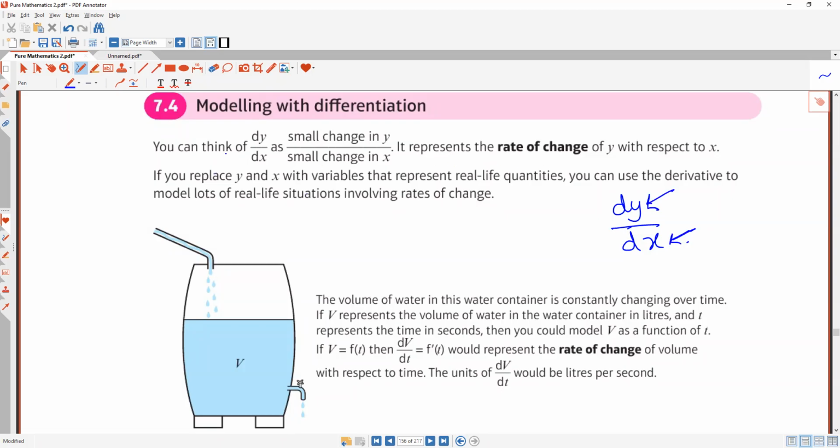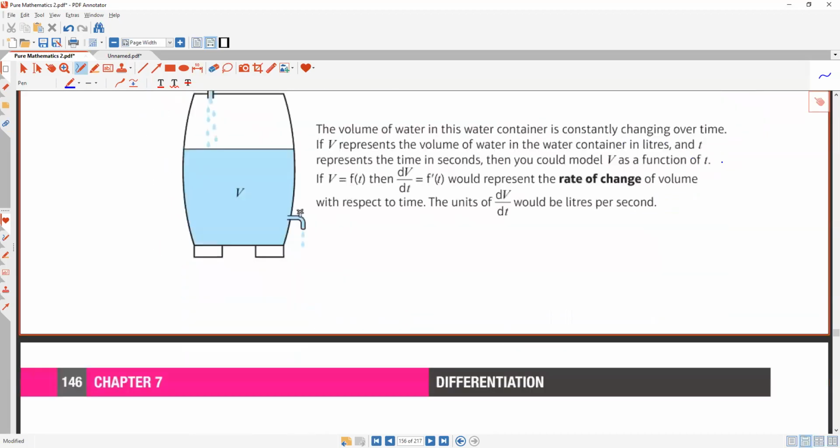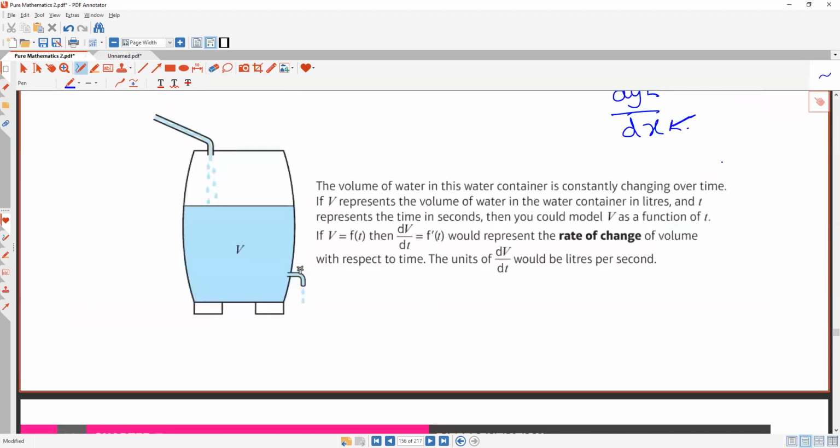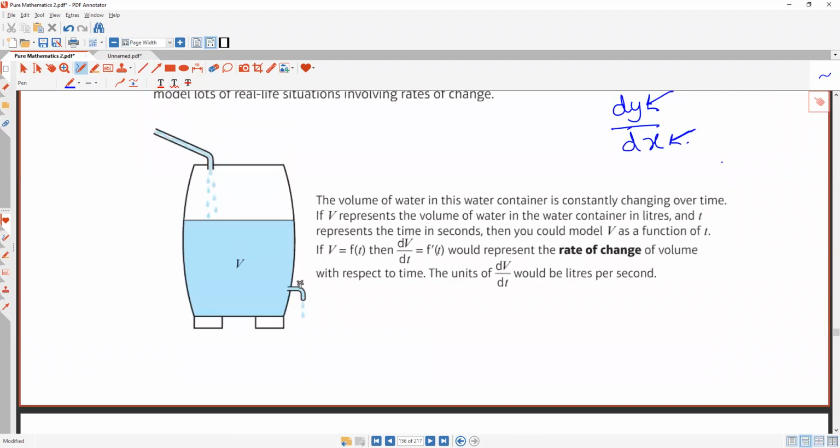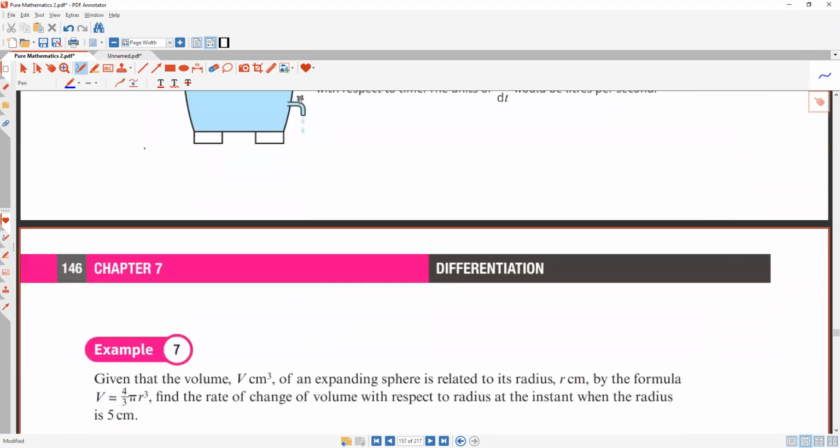It represents the rate of change of y with respect to x. Actually, to be honest, the complex sums on rate of change come in class 12, in your A2, most probably in your P4. So I'm going to ignore this part.